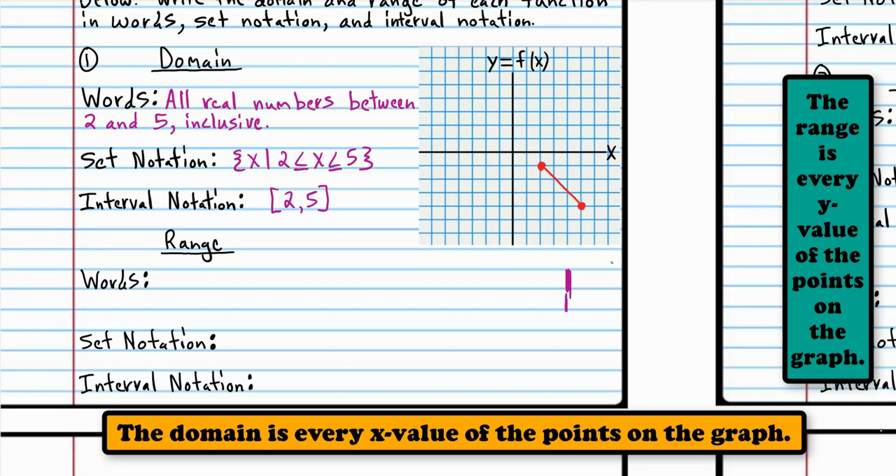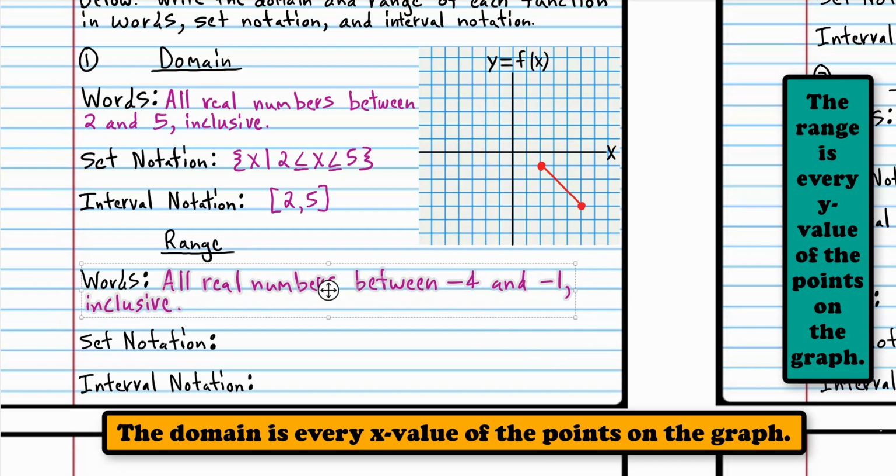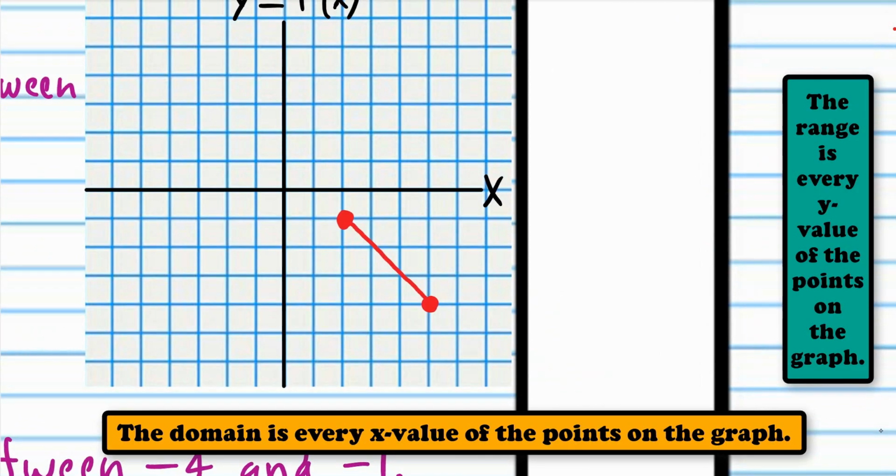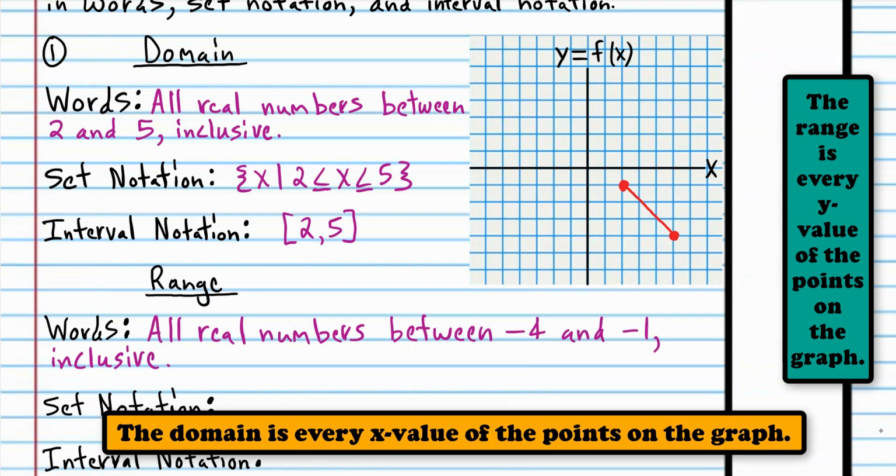So the range is all real numbers between -4 and -1, but we have to say inclusive because these endpoints have filled in dots. So -1 is part of the range, and over here -4 is part of the range. So remember, the range is the y values, all the possible y values.